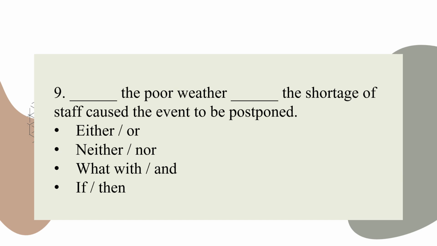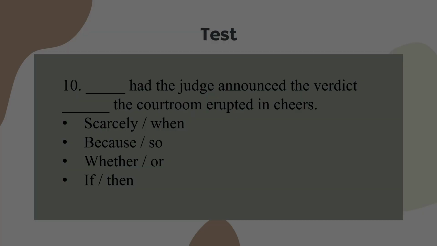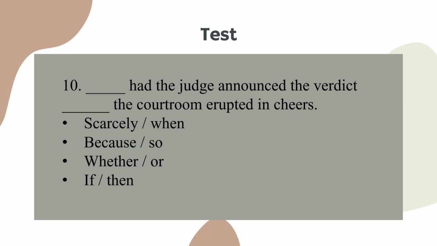Either the poor weather or the shortage of staff caused the event to be postponed. The last question. Dash had the judge announced the verdict, dash the courtroom erupted in cheers. The correct answer would be scarcely when. Scarcely had the judge announced the verdict when the courtroom erupted in cheers.